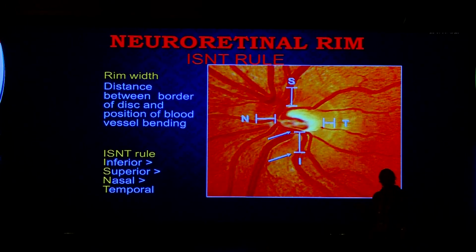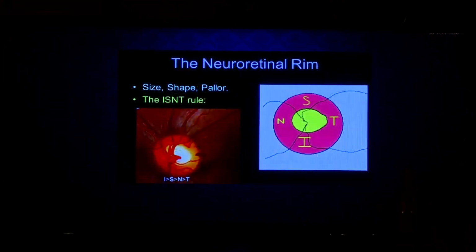The inferior is the thickest, followed by the superior, nasal and finally temporal. So the ISNT rule needs to be intact if you want to say to your patient that you could actually carry on and don't need to come for follow-ups that frequently.